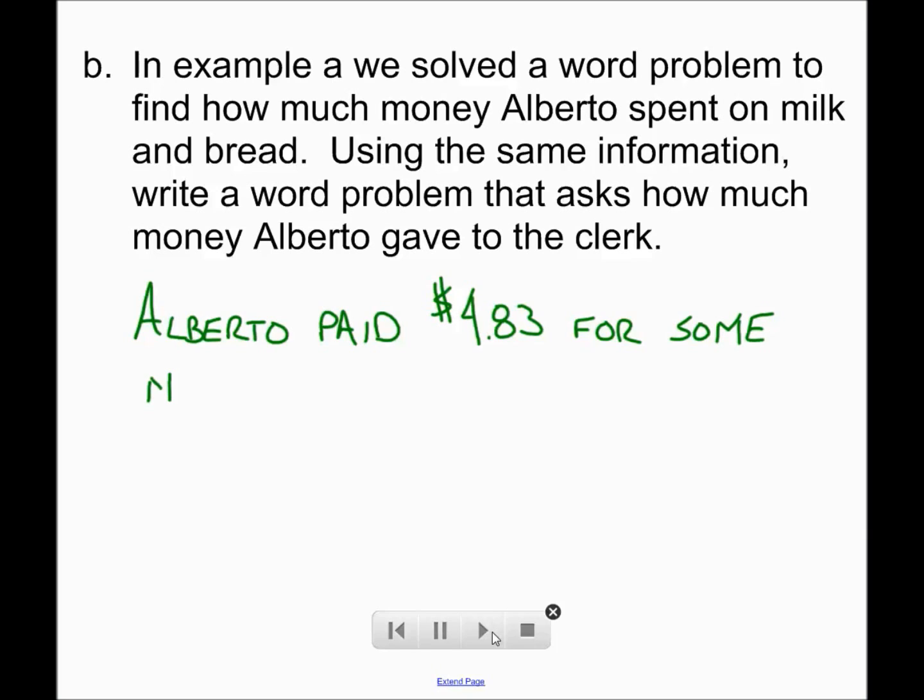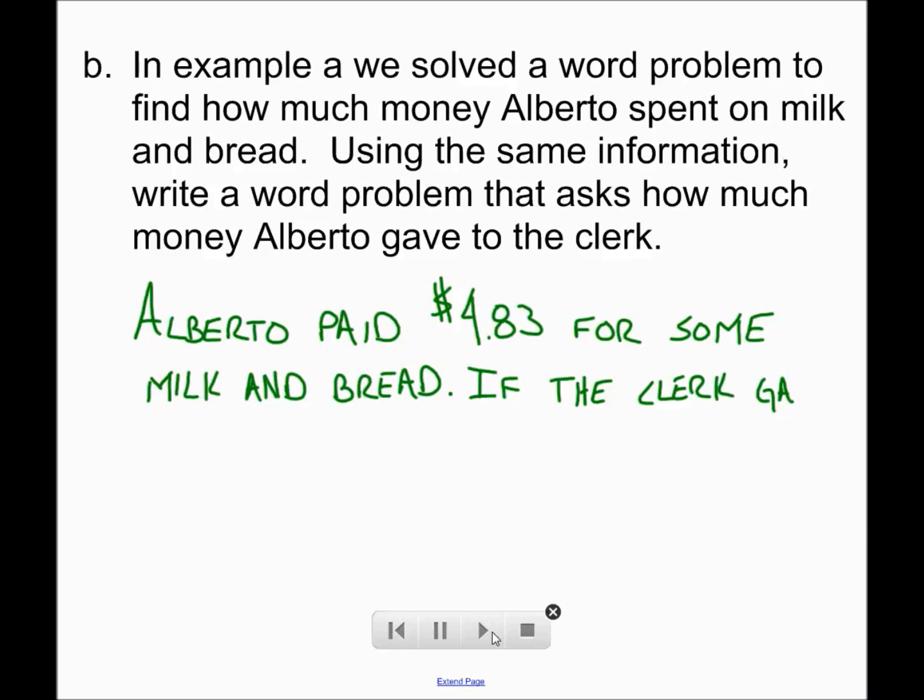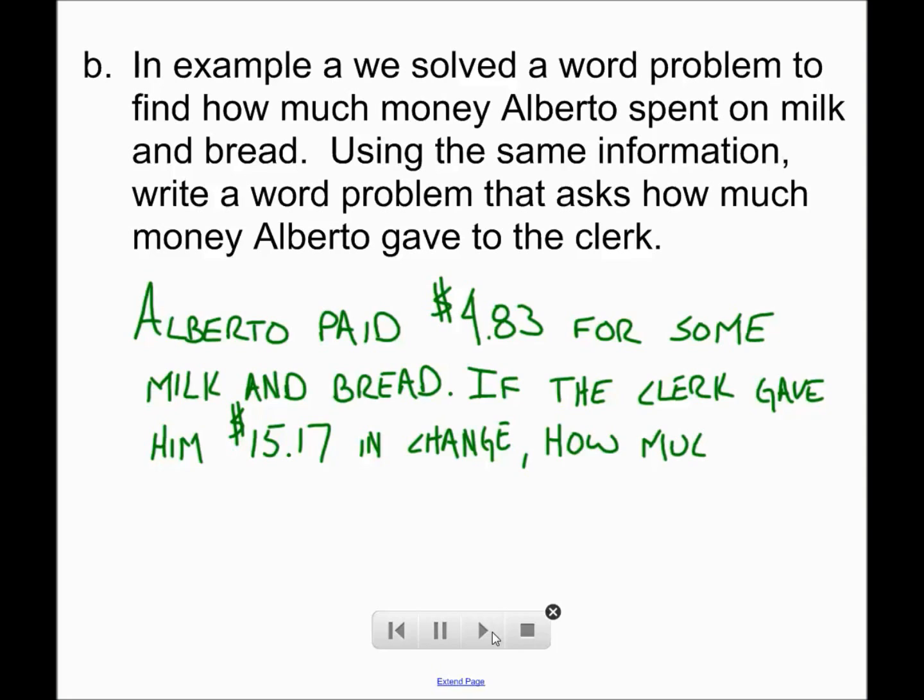Alberto paid $4.83 for some milk and bread. If the clerk gave him $15.17 in change, how much did Alberto originally give the clerk?